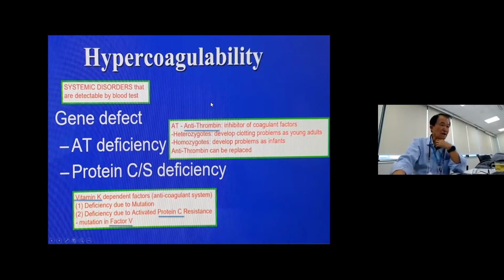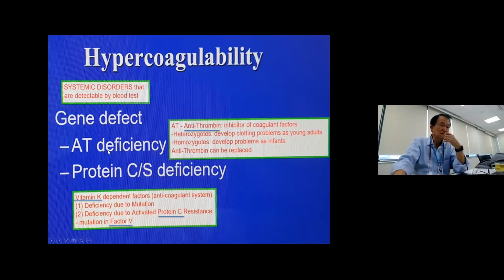Now, hypercoagulability, just like any other disease, can often be related to a genetic problem. So there's antithrombin, protein C and S. Those are important in the clotting mechanism.